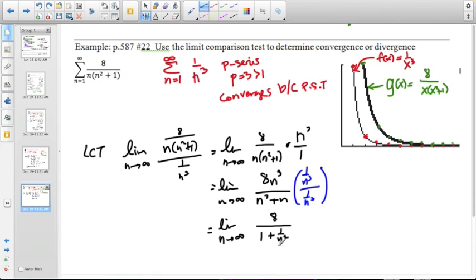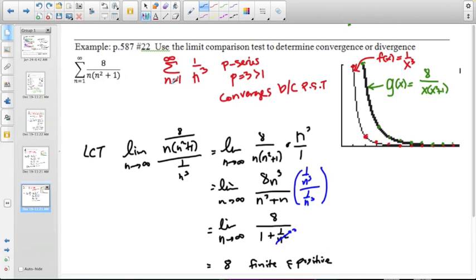That's no longer indeterminate. As n goes to infinity, this goes to 0, and we're left with 8 over 1. So the limit as n goes to infinity is 8. No surprise here, 8 is finite and positive.